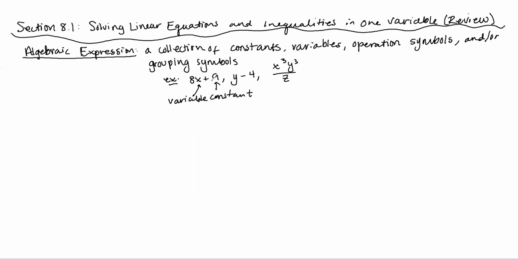Operation symbols would just be the addition, the multiplication between the 8 and the x. And we don't actually have any grouping symbols in this one, but over here, this fraction bar is considered a grouping symbol because it groups the terms on the top and it groups the terms on the bottom separately from one another. So remember, when you're simplifying, you simplify the top and the bottom separately. That's because they're in two different groups.